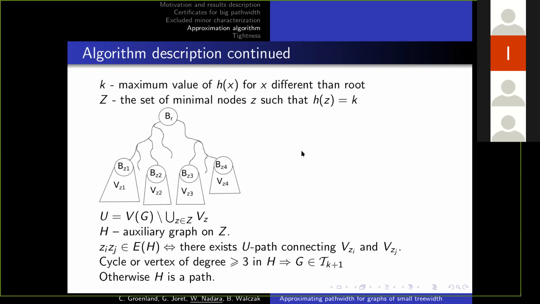If this is not a path, then we are able to find a better witness, a bigger certificate, and getting a path decomposition is easy in that case. And in the case where this auxiliary graph is a path, we cannot allow ourselves to make a bigger path decomposition at this point.